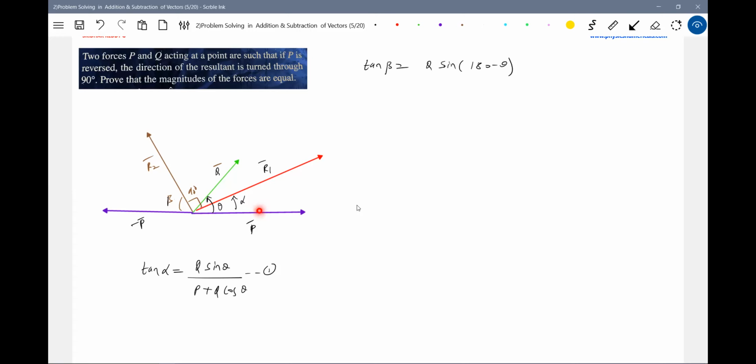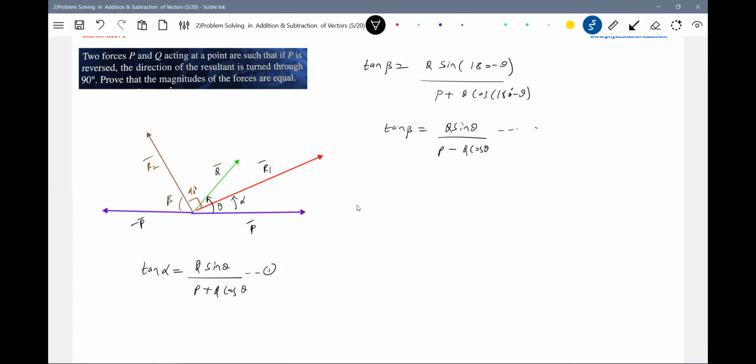The angle between P bar and Q bar is theta. The angle between minus P bar and Q bar should be 180 minus theta. So this will become tan beta is equal to Q sine theta by P minus Q cos theta.